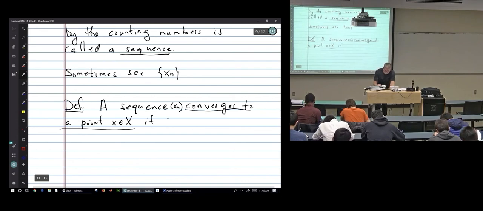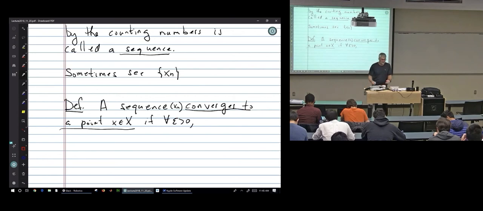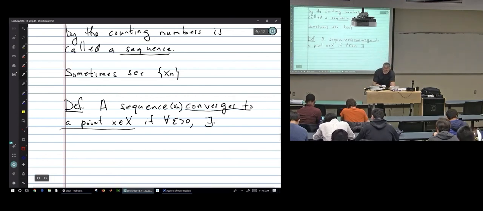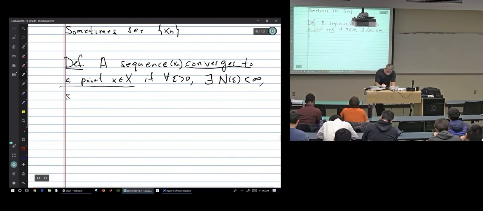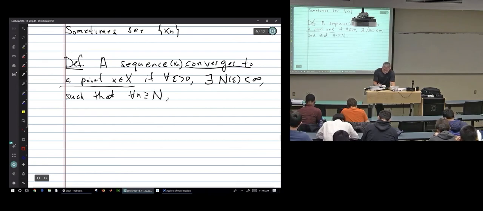If for every approximation error epsilon that's positive, no matter how small, I can find a finite number n. As I make epsilon smaller, maybe my n has to get bigger. Such that for every index that's bigger than or equal to n, all of the points are within epsilon of x.